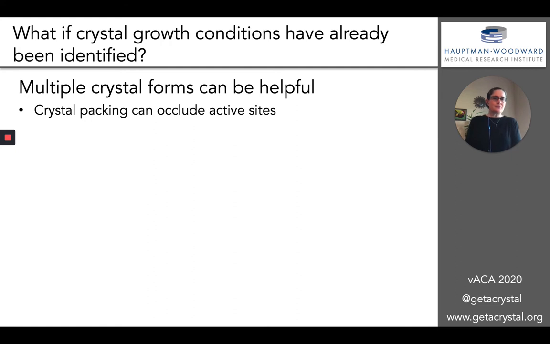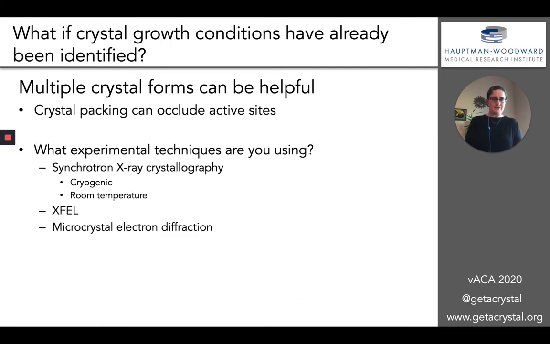Because multiple crystal forms can often be helpful. Crystal packing can include active sites. Different experimental techniques can actually require different types of crystals. If you're doing room temperature X-ray crystallography, you really need big, chunky crystals. If you're doing microcrystal electron diffraction, you need extremely tiny crystals.